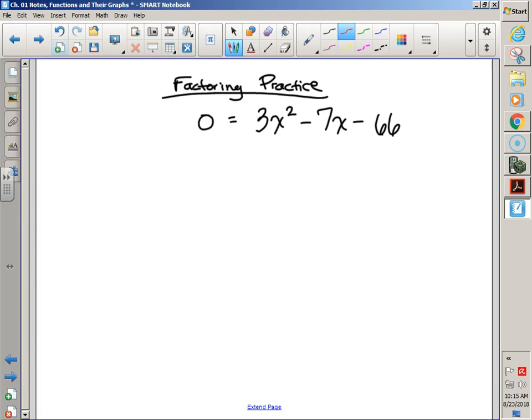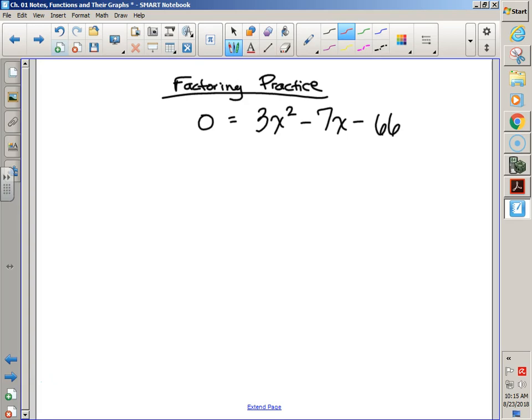The last one, the table method, is going to be a little different than yours, Lauren, just because yours is this method. The table method has us thinking through both 3x squared and negative 66. There are actually multiple table methods, but this one has us looking at 3x squared and negative 66. 3x squared could come from 3x times x, and negative 66 could come from 1 and 66.